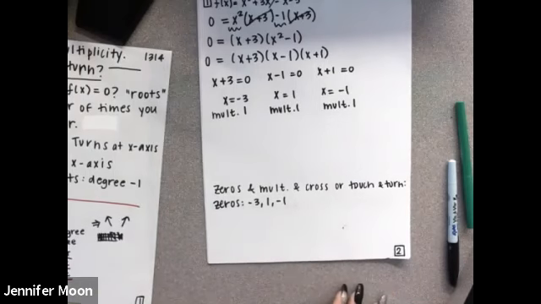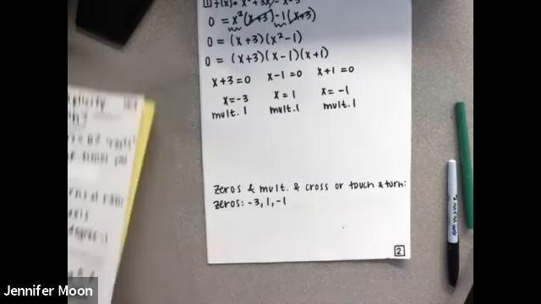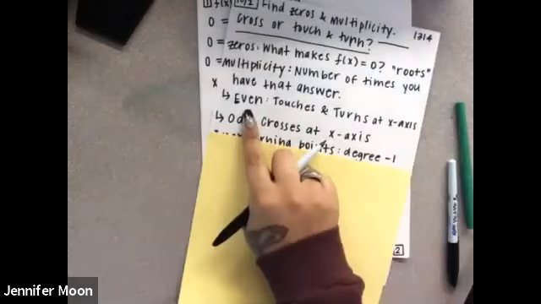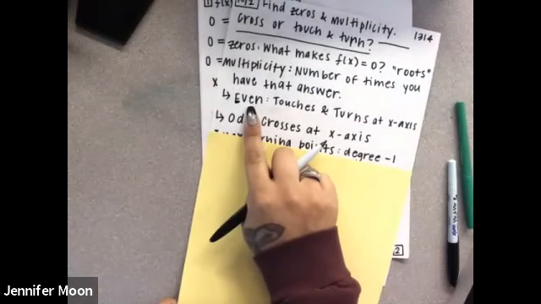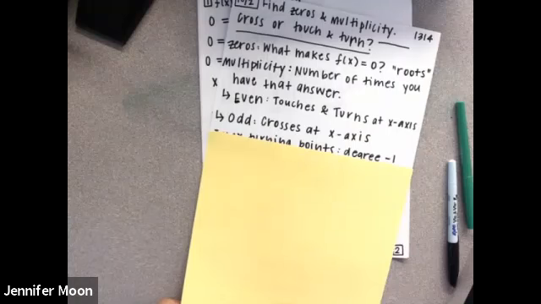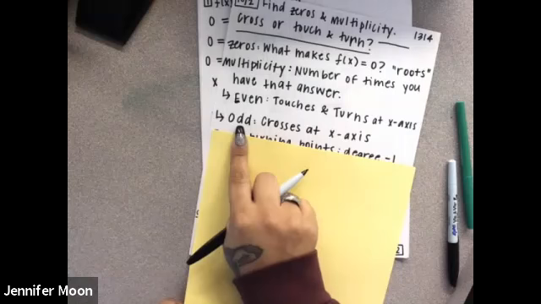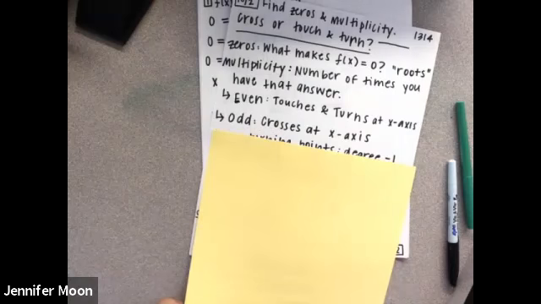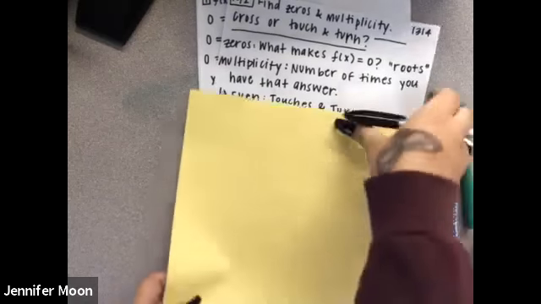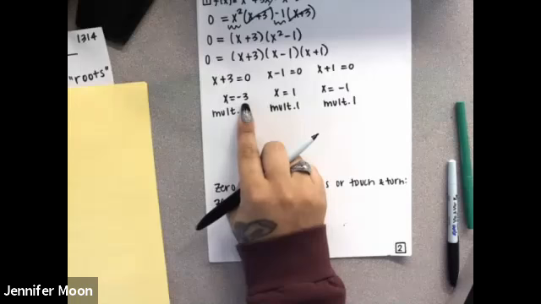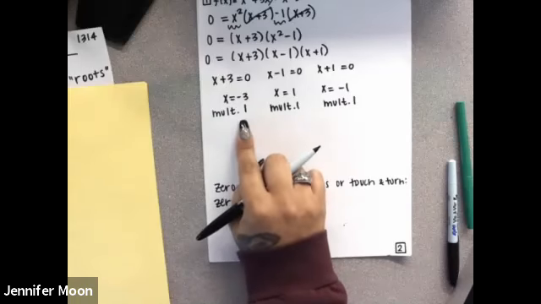Now, as far as it crossing or turning, look back at your first page. If my multiplicity is an even number, it touches and turns, it bounces, right? It changes direction. But if my multiplicity is odd, then it crosses the x-axis at that value. So what this is telling me is at the x value -3, because I have an odd multiplicity, my graph is going to cross right there at x equals -3.